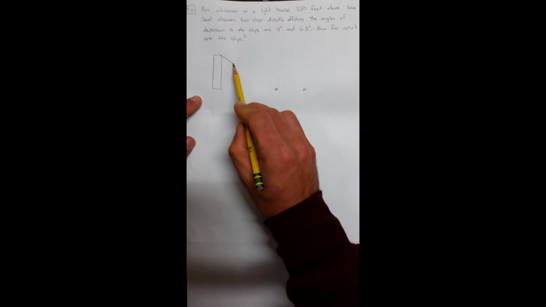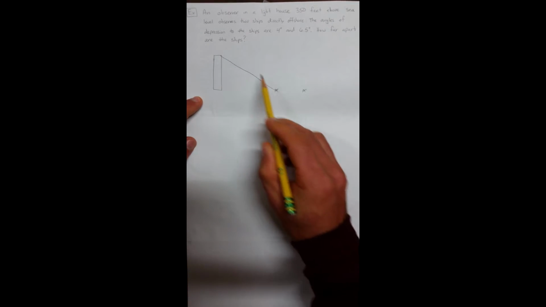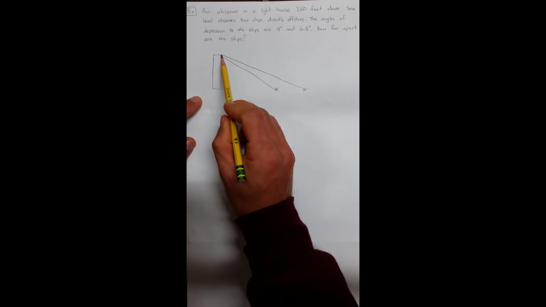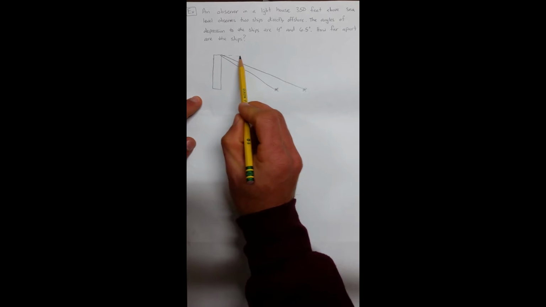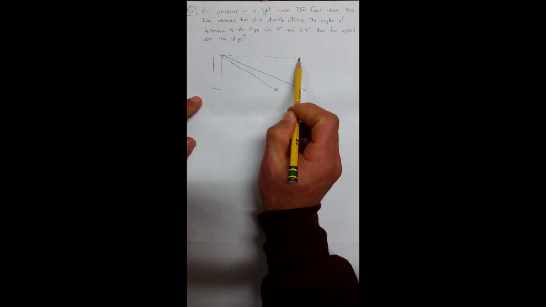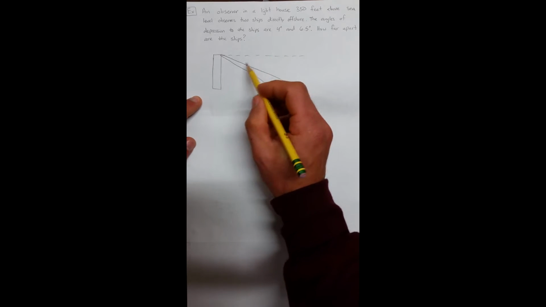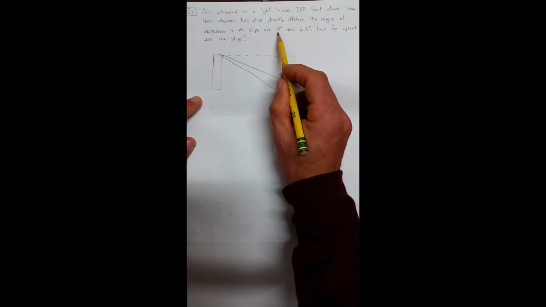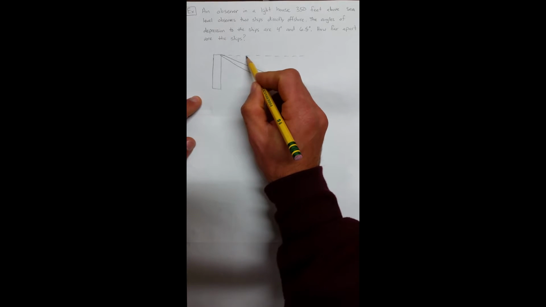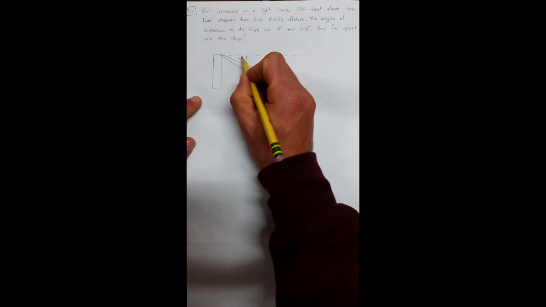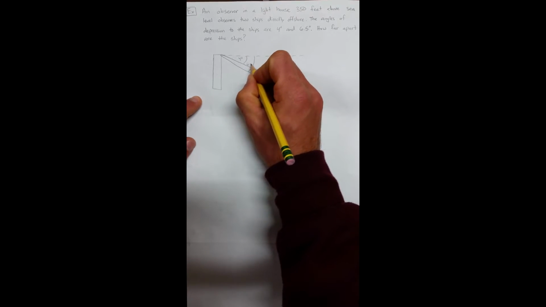If I draw a line from that lighthouse to each ship, when they talk about angle of depression, if you were standing on that lighthouse looking horizontally, the angle of depression would be the angle that you would see when you look downward. So when they say there's a 4-degree angle of depression, it would be from the horizontal down to that line. So this is my 4 degrees, and then this would be my 6.5 degrees.